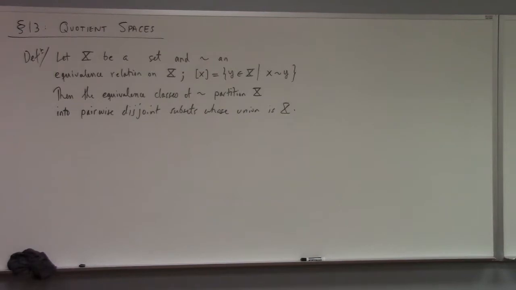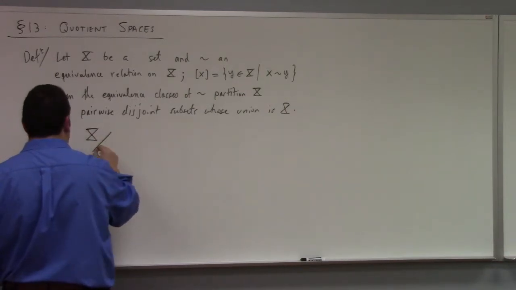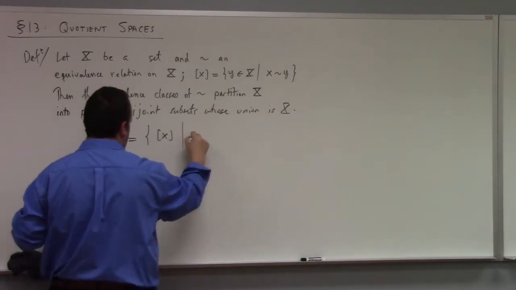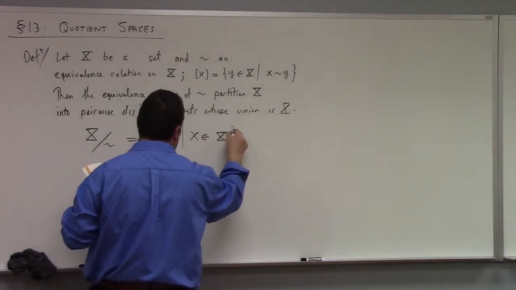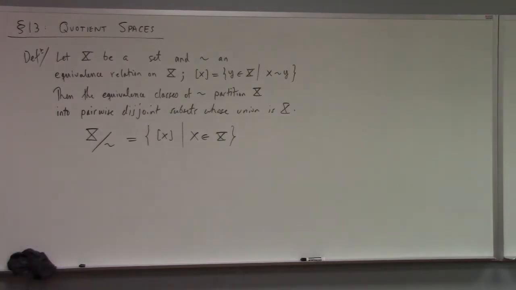All right. And so the set of equivalence classes is as follows. We use X mod squiggle. That's going to be the set of equivalence classes. This is the quotient set of X modulo the equivalence relation.